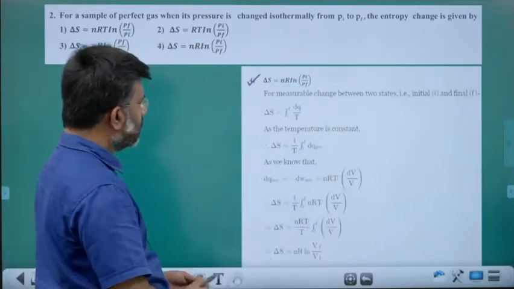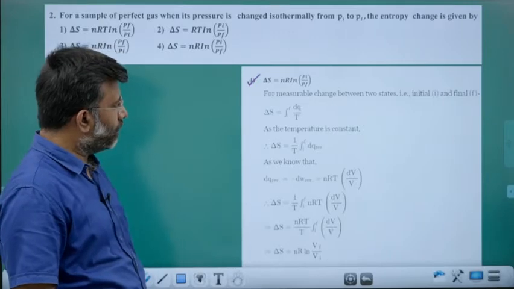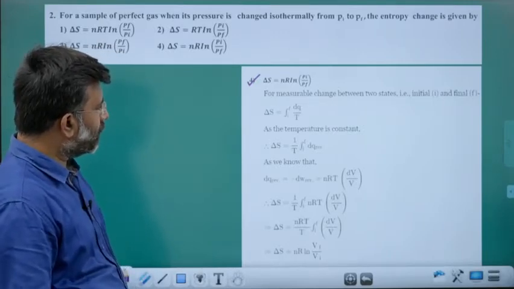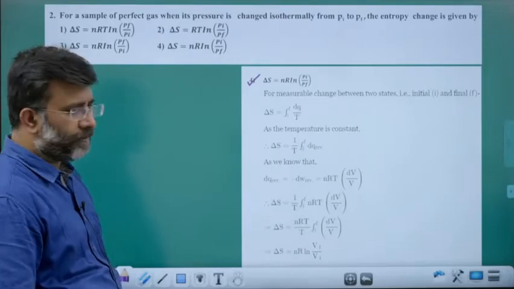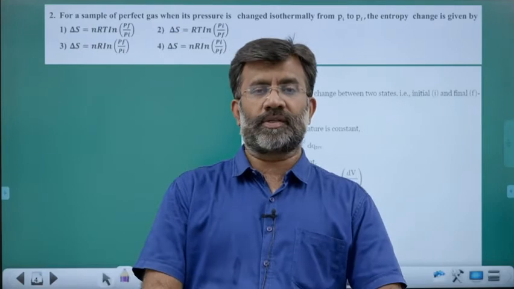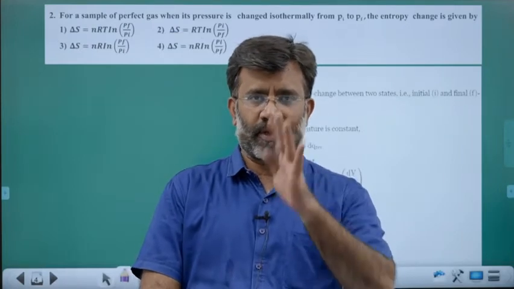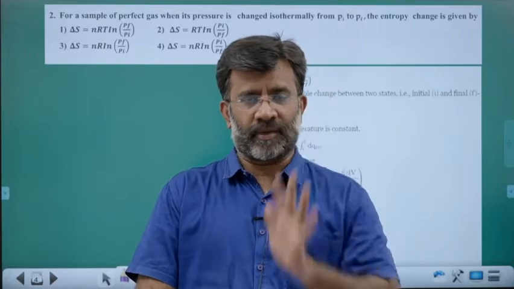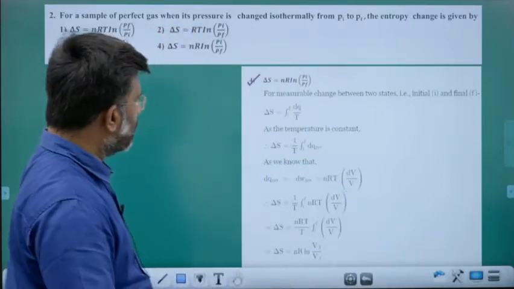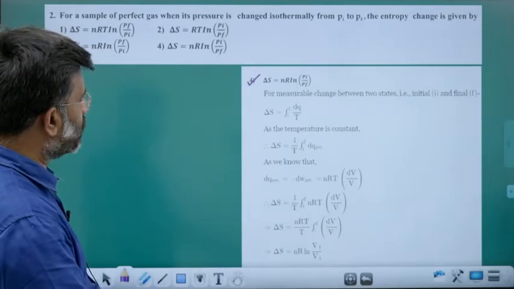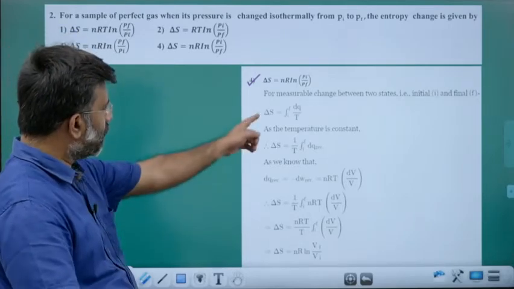Starting from the relation, delta S is the integral from initial to final condition of dq by T. You know, change in entropy is Q reversible by T. You have learnt. So delta S is equal to Q by T. Now for a measurable change between two states, initial and final, you get that relation.